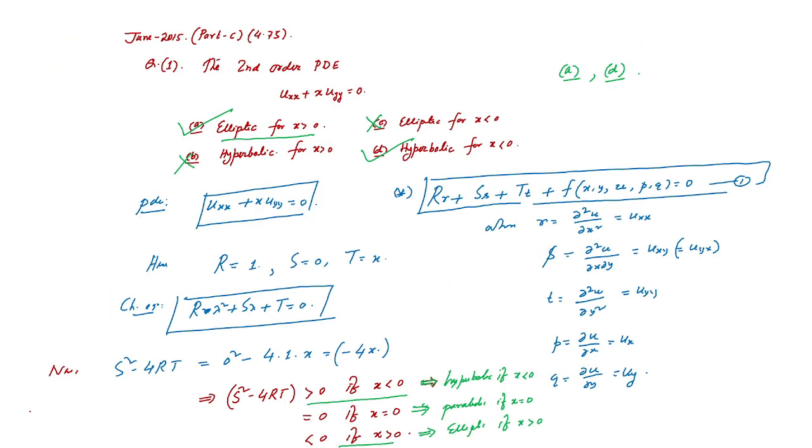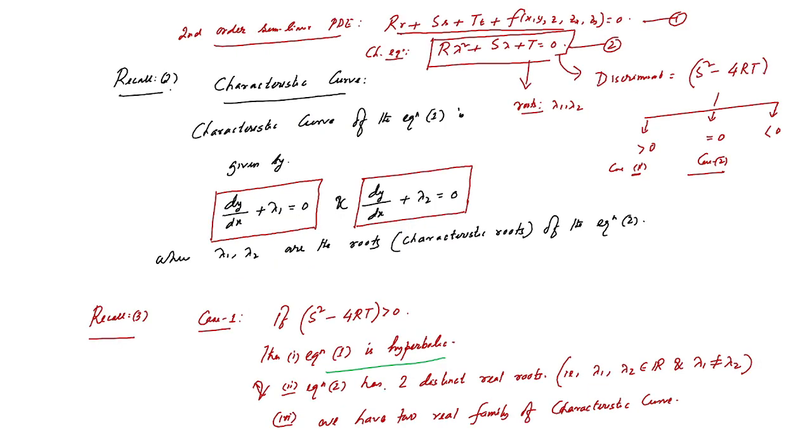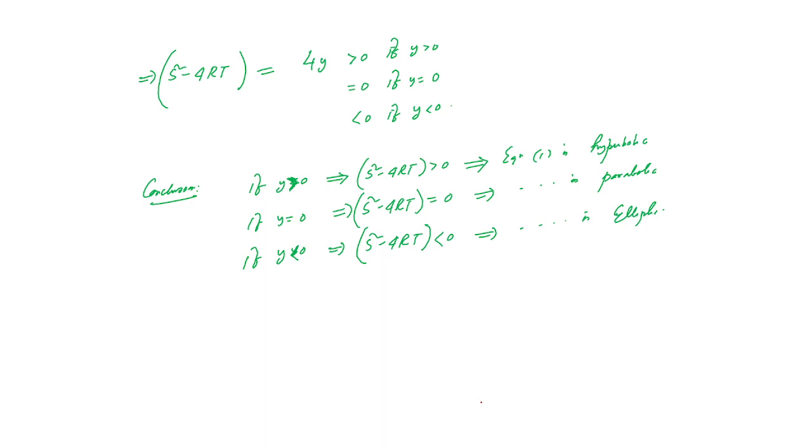When s² − 4rt is positive, it is hyperbolic, the equation has two distinct real roots, and we have two real families of characteristic curves. For parabolic, we have one real family of characteristic curves.